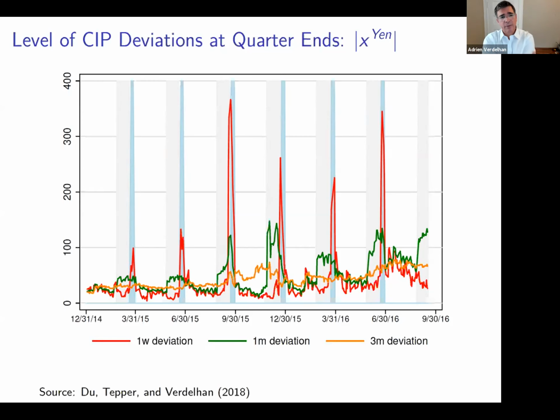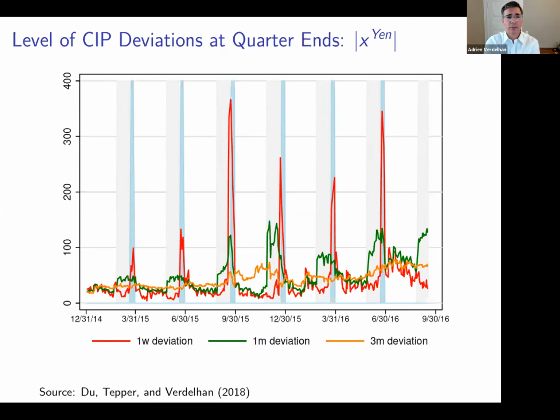So now we can look at this graph, and you're going to see immediately what this is about. The red line is the 1 week CIP deviation on the yen versus US dollar in absolute value. So it's not negative or positive. And what you see is that it spikes exactly when we enter the last week of each quarter.